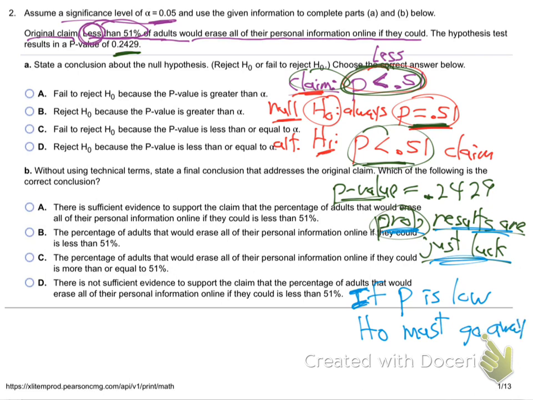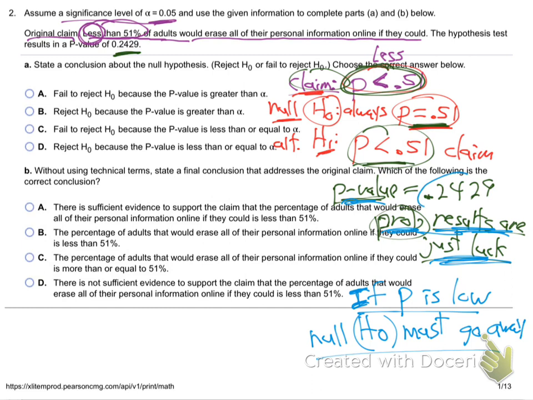That's the statement you want to memorize or put on your sheet of notes for the exam. If the P is low, the null must go away. Because that means there's a low chance of luck. So remember, p-value is the chance that it's just luck. Maybe those new patients were just lucky. Maybe not. How do we know? Well, we calculate with statistics to figure out what the p-value is.